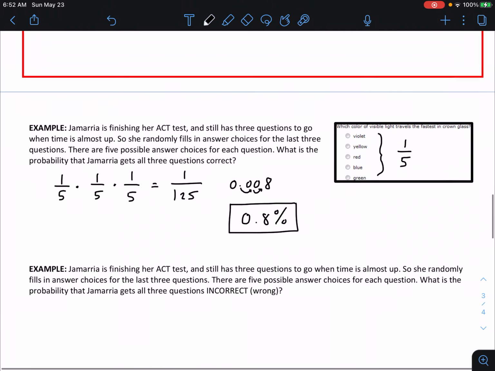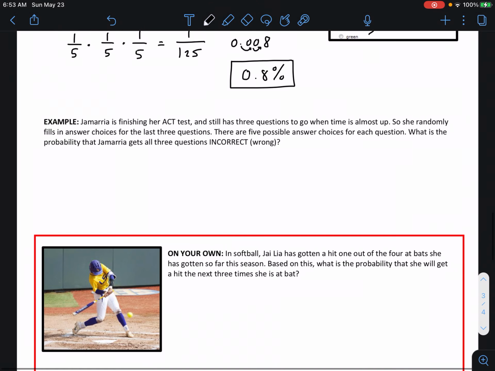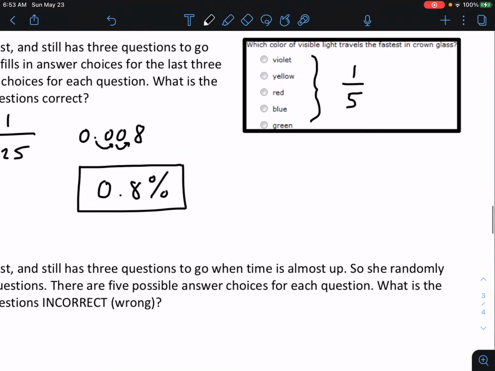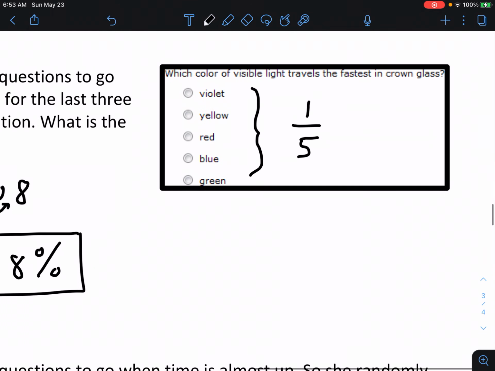All right, now, same scenario, but this time, what is the probability that Jamaria gets all 3 questions incorrect or wrong? Okay, so incorrect means the complement, right? So if the probability of getting it right is 1 out of 5, the probability of getting it wrong would be the number that we have to add to 1 to make it equal to 5.